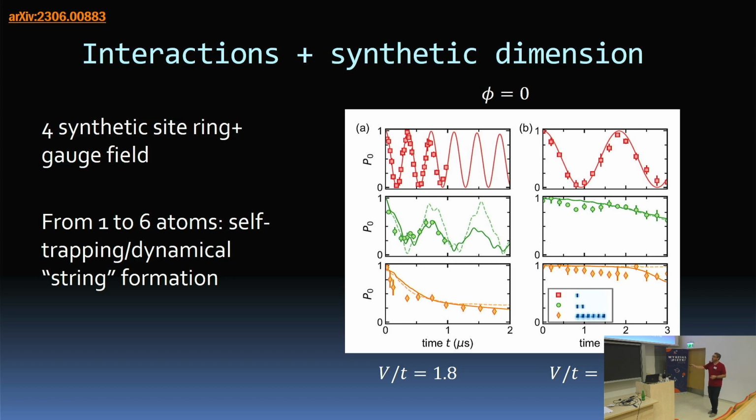So if you think about having sort of one real spatial dimension horizontally, a synthetic dimension vertically, you're going from, at weak interactions, a system that fills out the whole 2-dimensional space. So when you turn on interactions, it gets stuck. And so it can't fill out that whole synthetic space. You get stuck in whatever your initial state is. This is a very simple type of synthetic string.